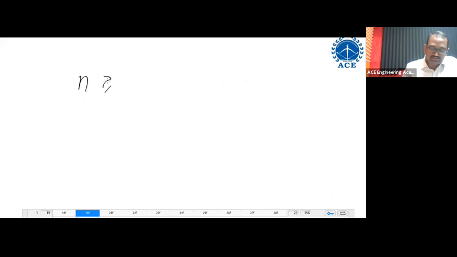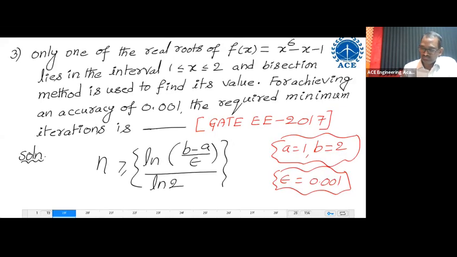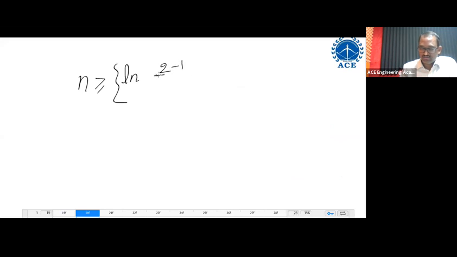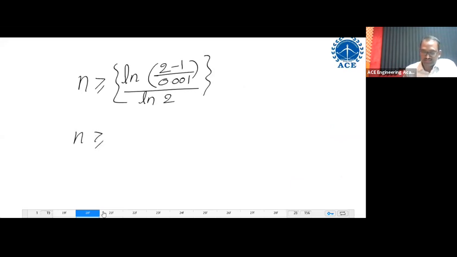So n is greater than or equal to ln of (b minus a) by epsilon, 0.001, divided by ln 2. The exact value is 9.96.